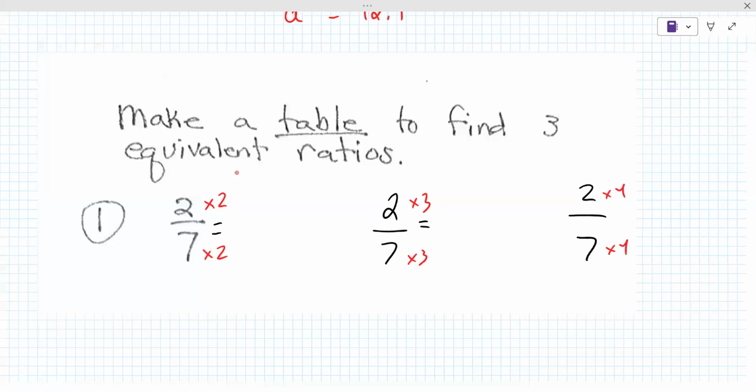So then you just go multiply each by the. Yes, exactly. Okay.